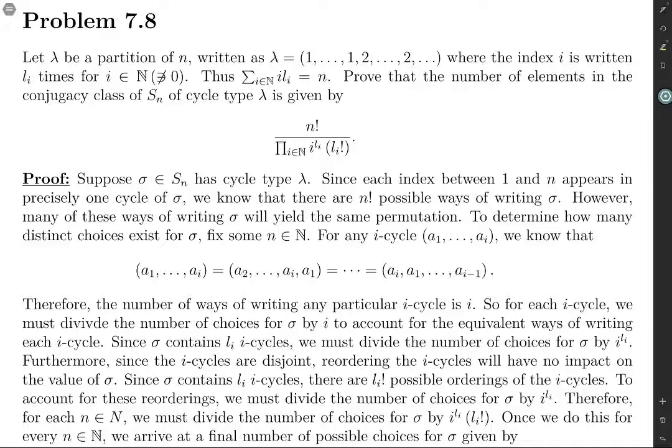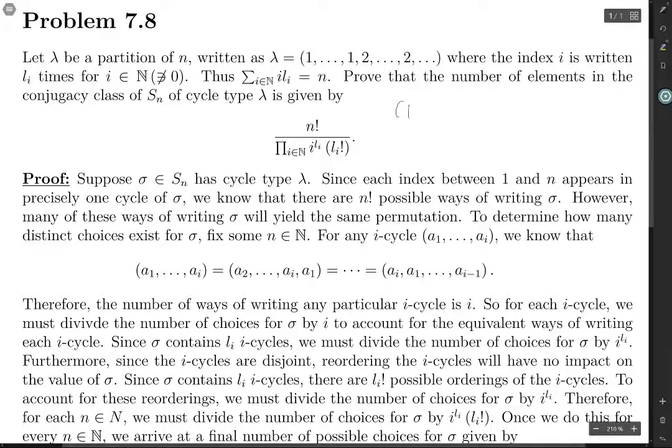So each index must appear, and it must appear only once. And so there are n factorial possible ways of writing sigma, but just because you write sigma in 2 different ways doesn't mean you've come up with different permutations.